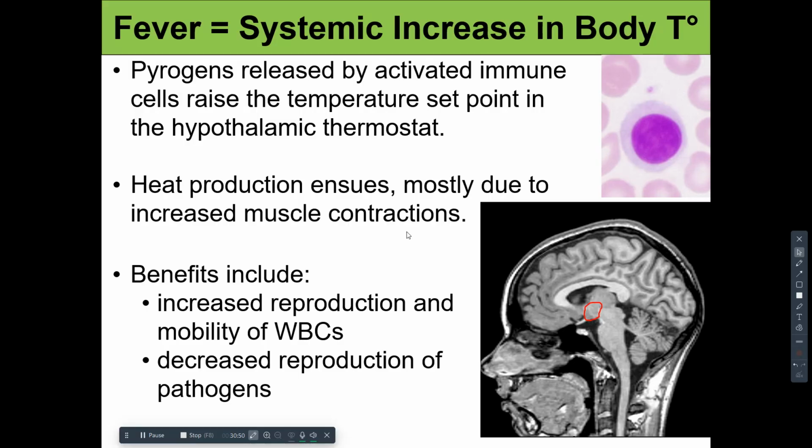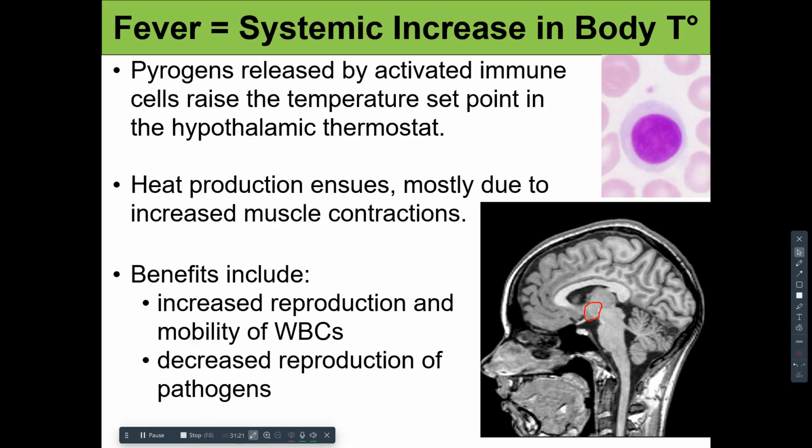Now there are two big benefits of fever, of this rise in temperature. Number one, it increases the reproductive speed and the mobility of our own white blood cells. And that's good. We want our white blood cells to be more active and to be reproducing at a greater rate.